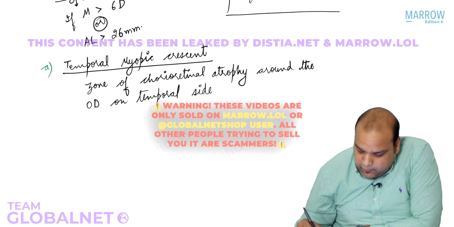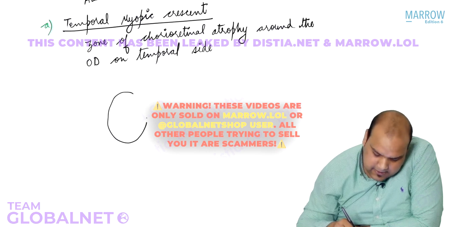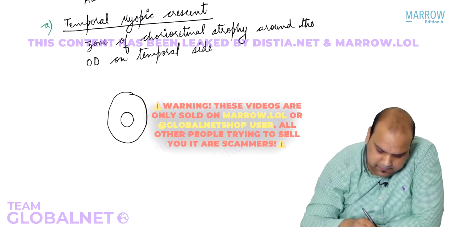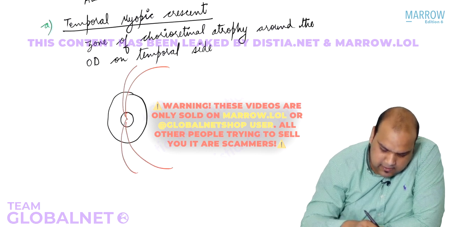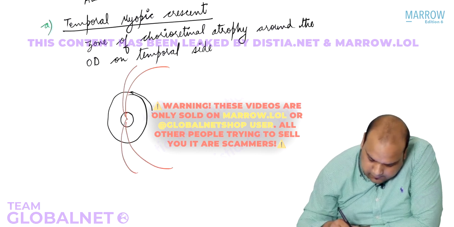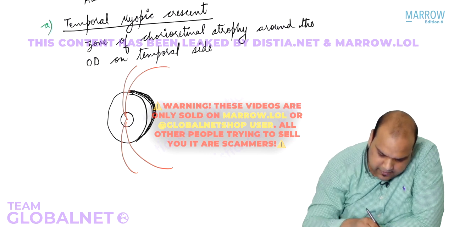If I draw the image for you, I hope you will be able to relate to your glaucoma lecture. This is my optic disc, optic cup. These are my blood vessels coming out, everybody. There are two zones of atrophy, beta zone, alpha zone. If you can correlate your glaucoma chapter, everybody. Okay?